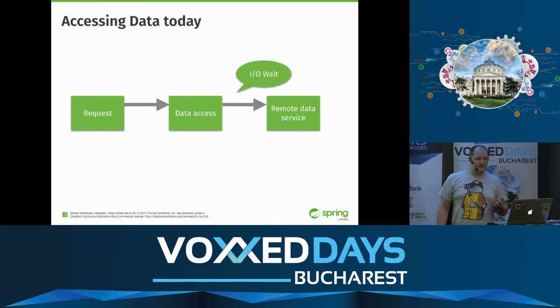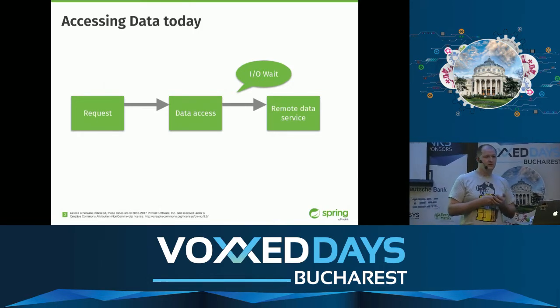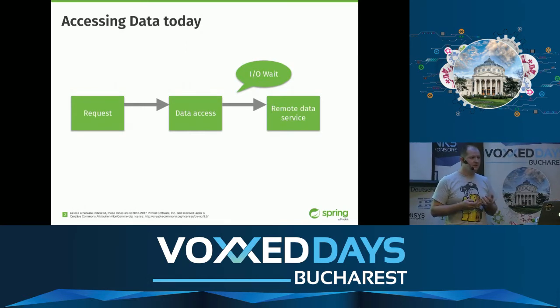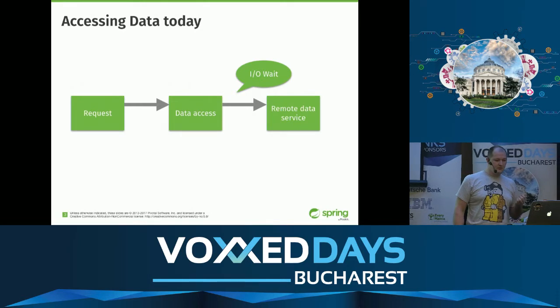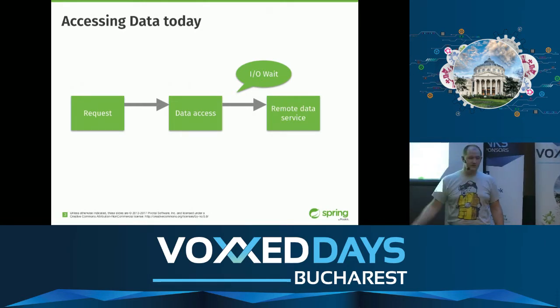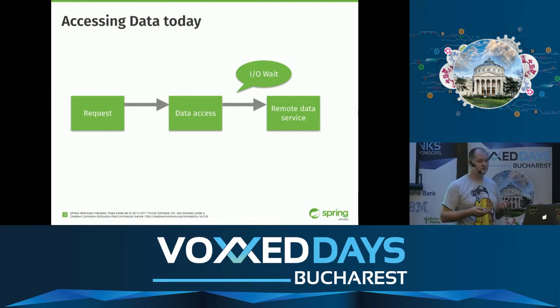And that's a thing called I/O wait. If you take a very detailed look at what your application is supposed to do, you will find out that in most cases, you are waiting a pretty long time for your data to come back to your application. And that's time where the thread on which this is executed is blocked. So this thread is exclusive to this request and cannot be used by anybody else.